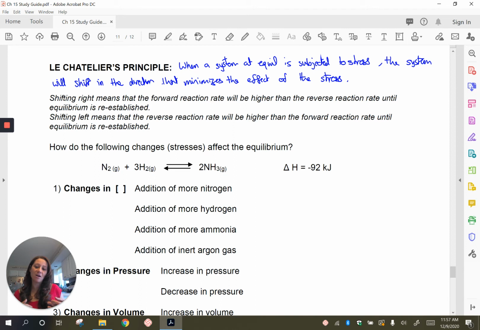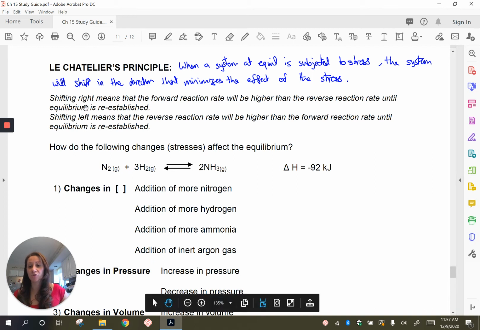So if it was already at equilibrium and I add heat, it's going to go in the direction that uses up that heat so that it doesn't affect it. And when we say it shifts, we usually say shifts right or shifts left. What does that mean? It means that one of the rates is faster than the other rate, so it is no longer at equilibrium.